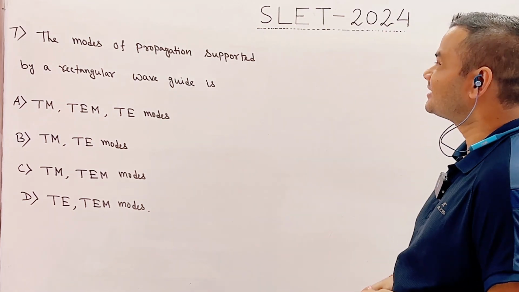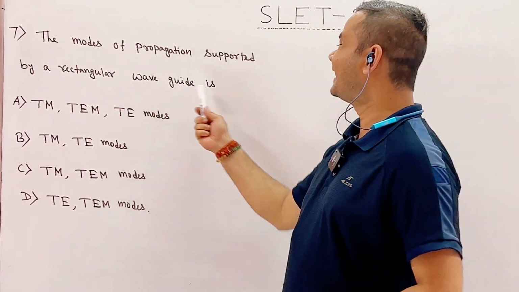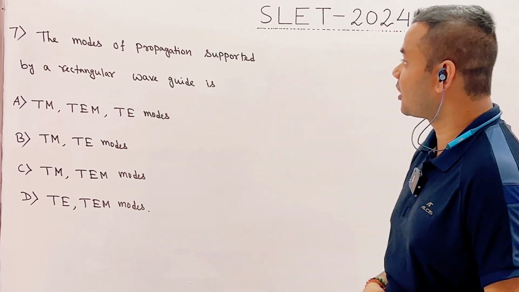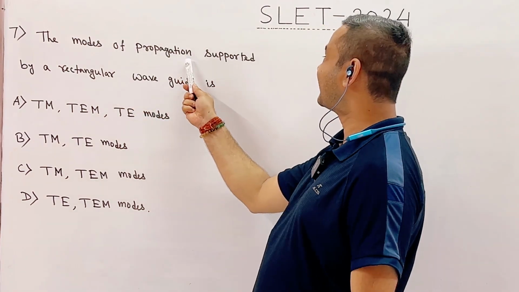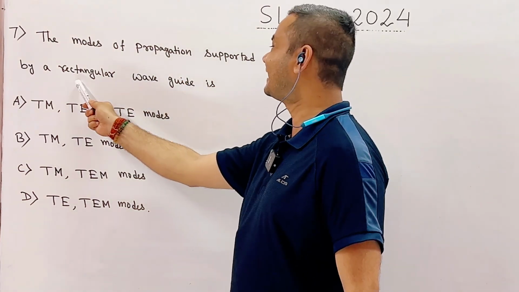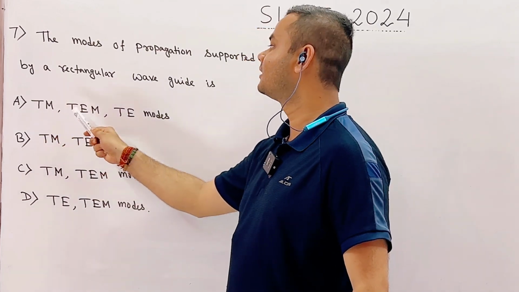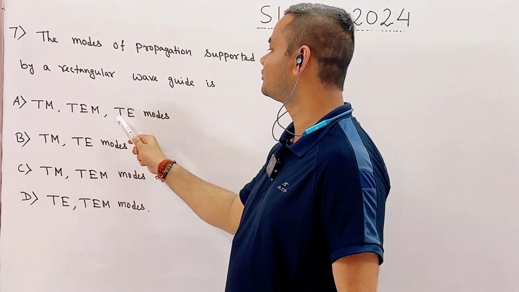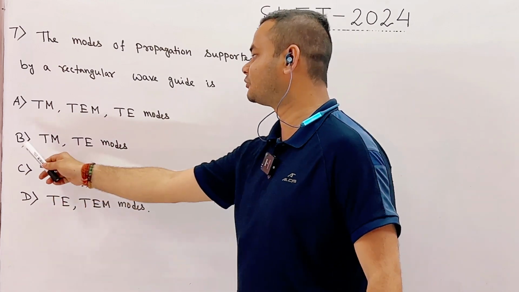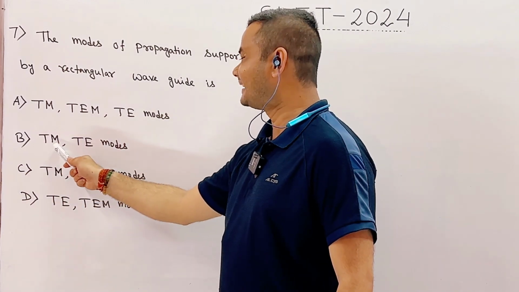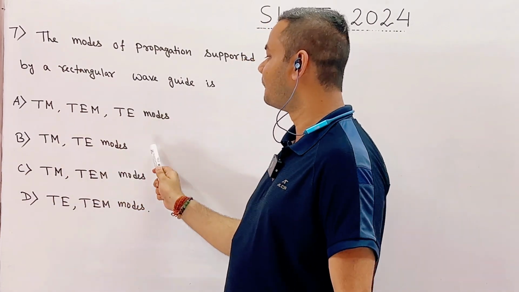This problem number 7 is asked from waveguide topic, and according to this problem, the modes of propagation supported by a rectangular waveguide is option A, transverse magnetic, transverse electromagnetic, transverse electric modes. Option B, transverse magnetic, transverse electric modes.